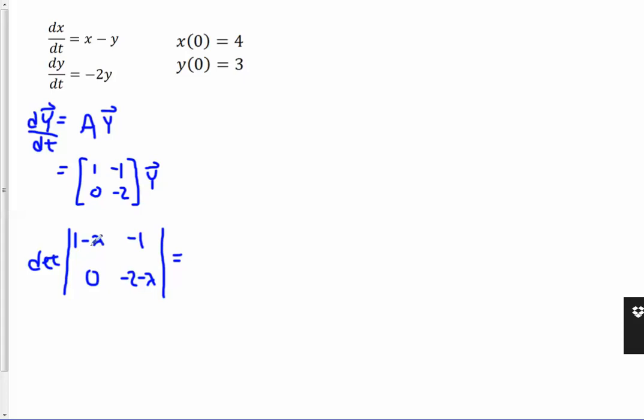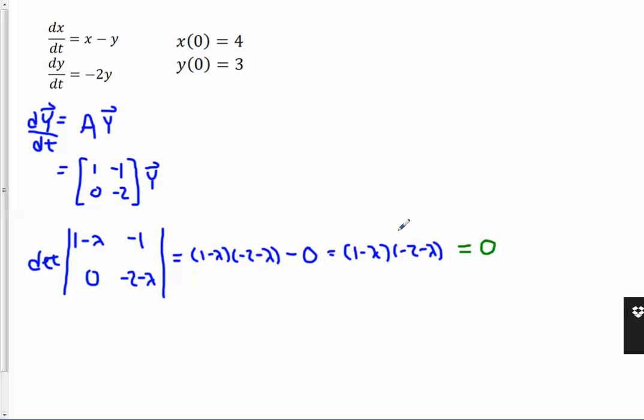So when we get the determinant, upper left times lower right, 1 minus lambda, -2 minus lambda, minus, well, 0, the other diagonal. So it's just 1 minus lambda times -2 minus lambda, and we want this to equal 0. We set it equal to 0, and we solve.